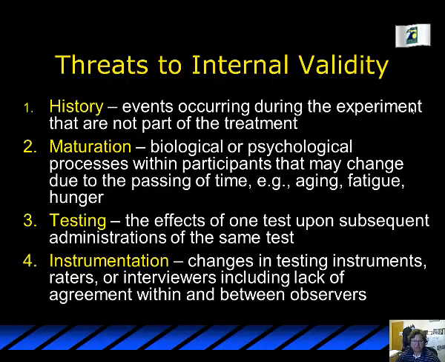Also, if we have more than one person acting as an observer and collecting data, whether it's a survey or an interview or some other kind of data collection, we need to make sure that those people are well trained and we have good inter and intra-rater reliability to make sure that they are recording and scoring things the same. If they don't, or if the machinery or equipment is not calibrated, then we call that the instrumentation threat to internal validity.